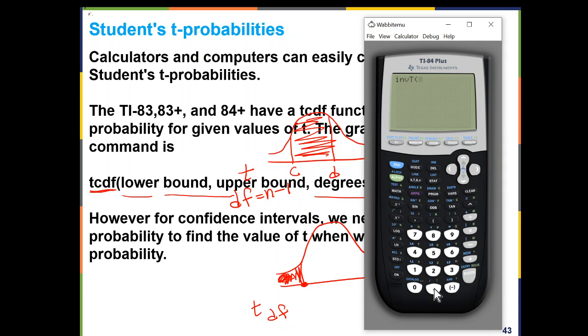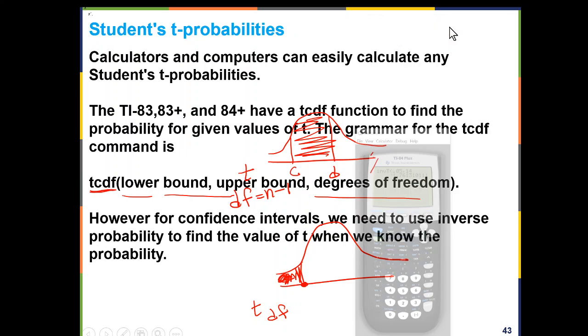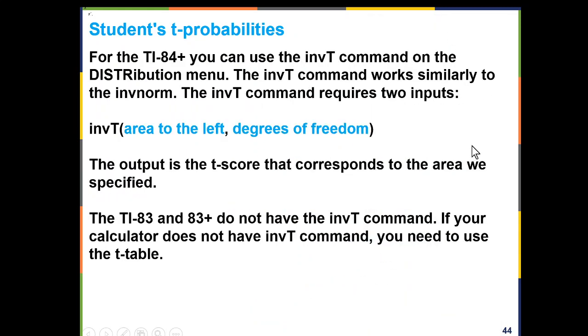Area to the left, let's say 5% to the left of it, and then degrees of freedom, let's say 14. So that number is -1.76. So the number that has 5% to the left under the T distribution with degrees of freedom of 14 is -1.76. All right.